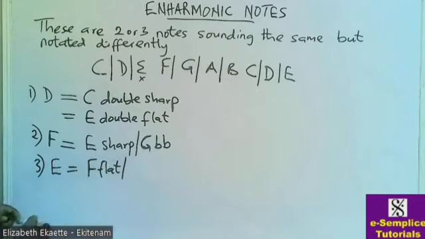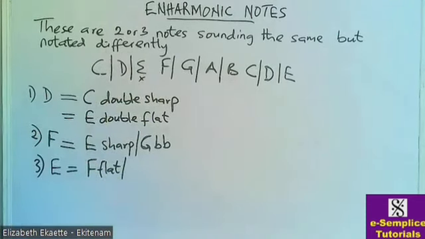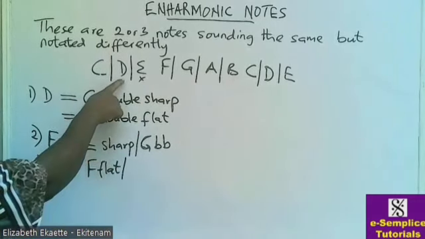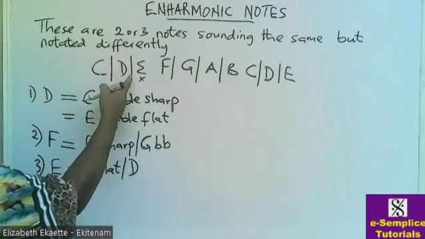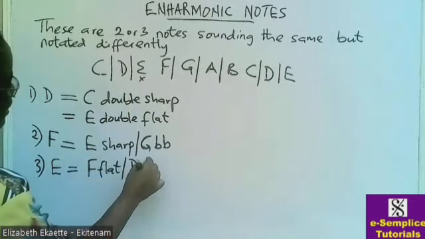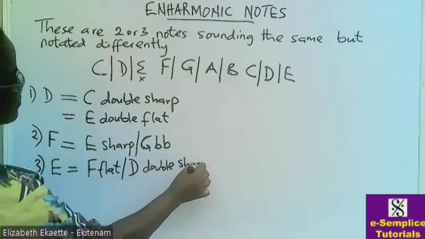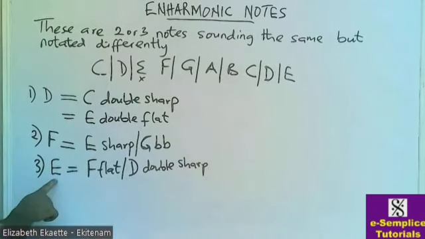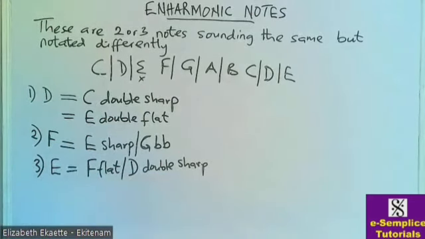F flat is one because F flat lands you on E. And the second enharmonic note or equivalent will be D double sharp. If you sharpen D twice, it will still land you on E. E, F flat, and D double sharp are enharmonic equivalents.